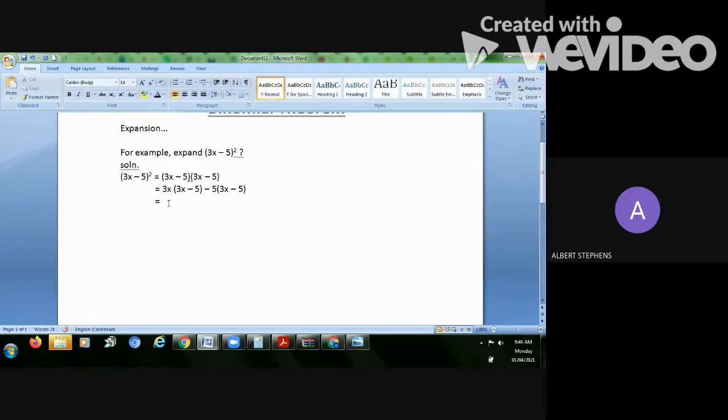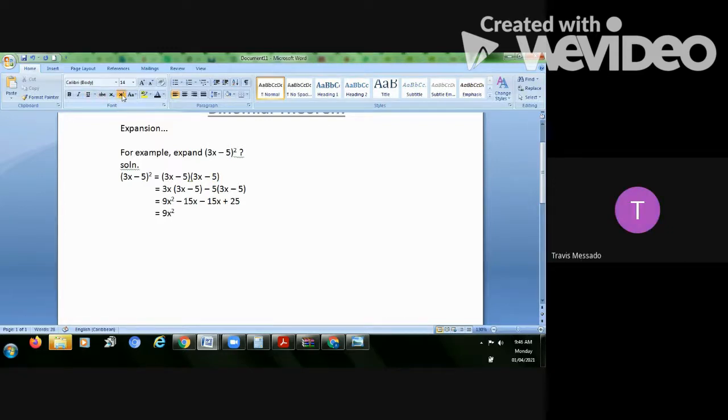All right, so this is going to be what? 9x squared minus 15x, minus 15x plus 25. So that gives you, oh wait, then you put 9x squared. That cancels, that gives you 0.